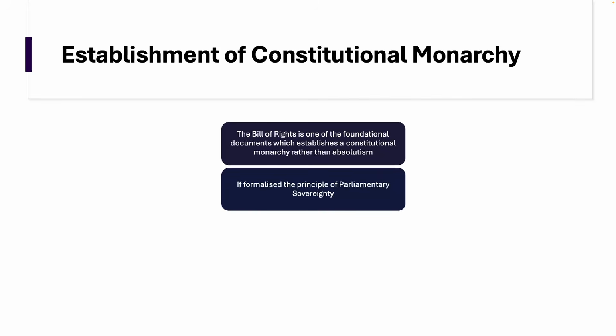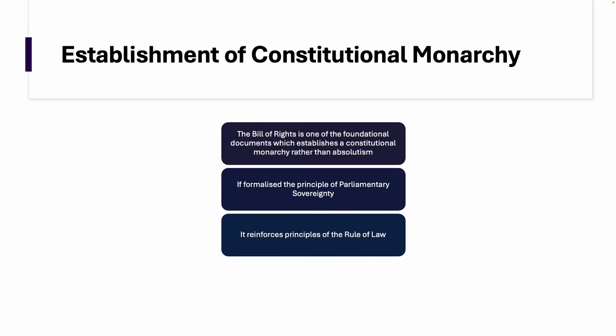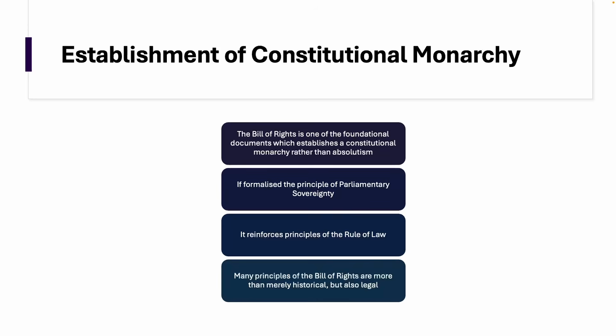And by extension, it formalises the principle of parliamentary sovereignty, that Parliament is sovereign over all other things, over the common law and over the royal prerogative, especially in areas such as lawmaking, taxation, and military power. And then finally, it reinforces principles of the rule of law. The Crown can no longer, for example, act entirely outside of the law or above the law in any meaningful way.